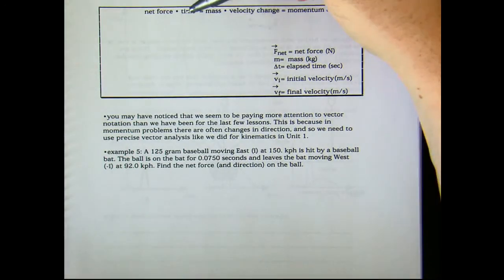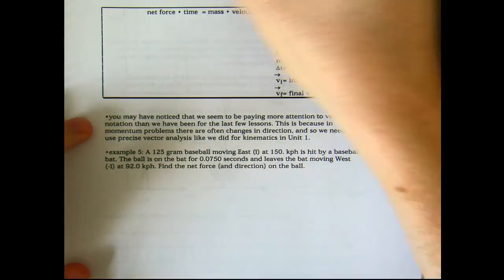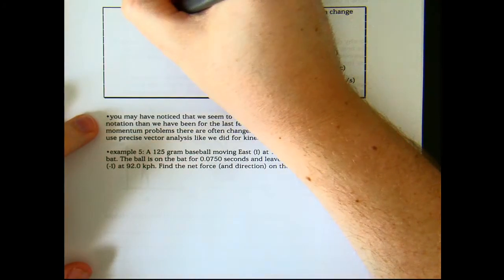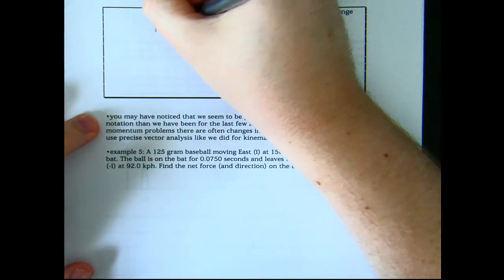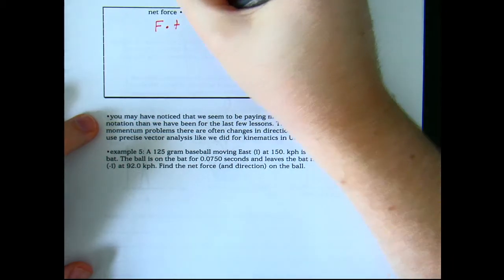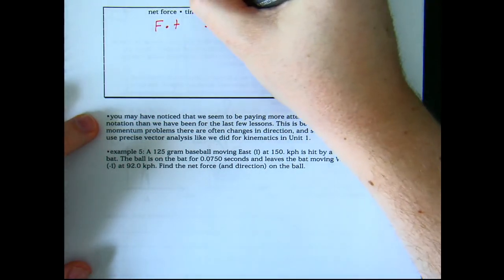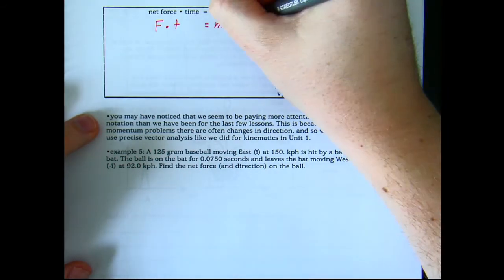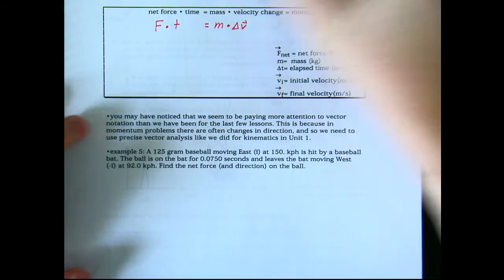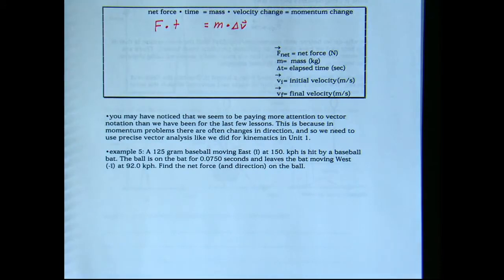Net force times a time equals a mass times a change in velocity. And I've already kind of made a hand wavy argument about why this is the way it is.